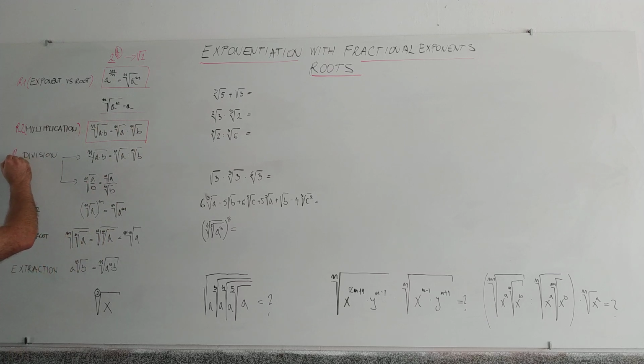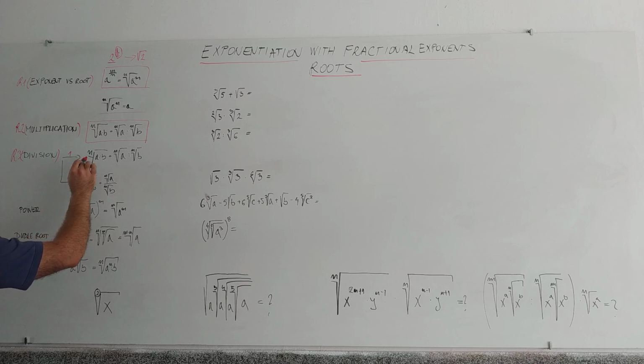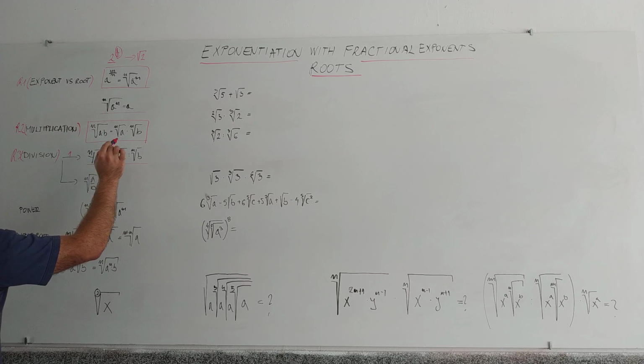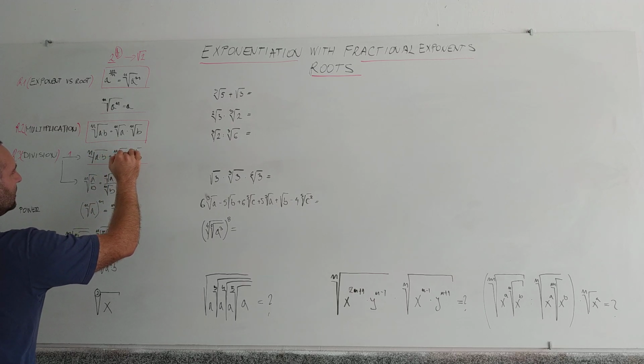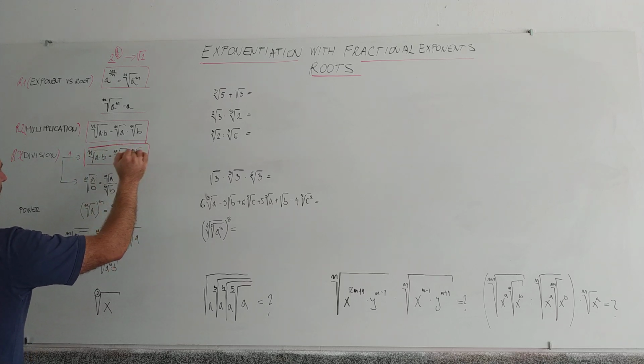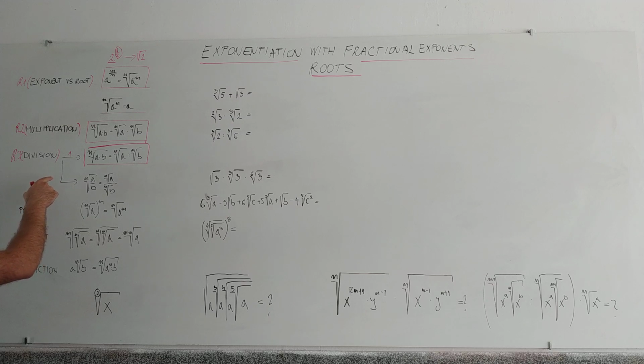Rule number 3, division. First view. If we have n root from a divided by b, this rule is splitting the roots and we have basically 2 roots. N root from a divided by n root from b. View number 2.